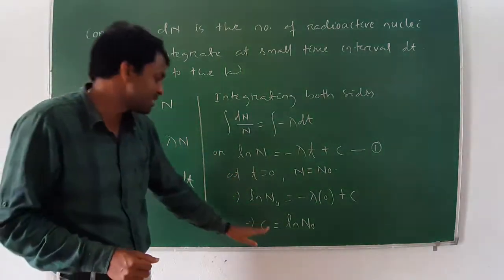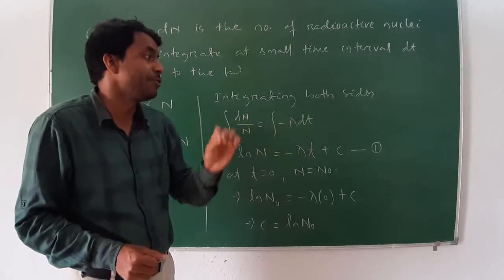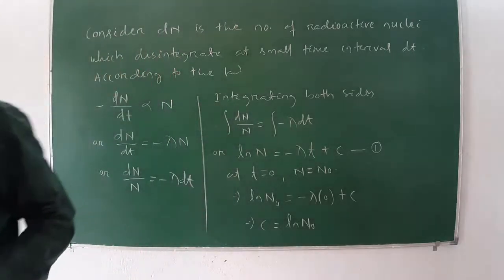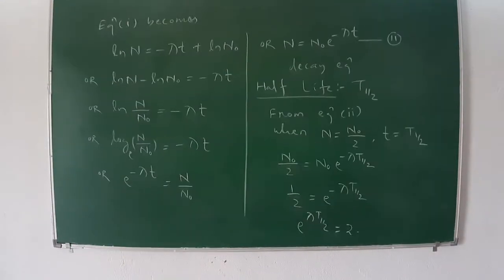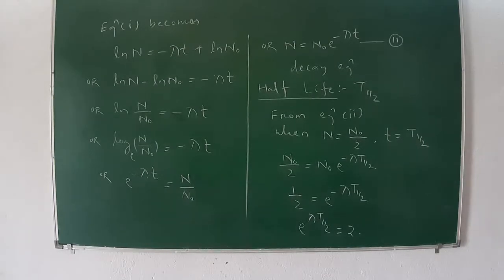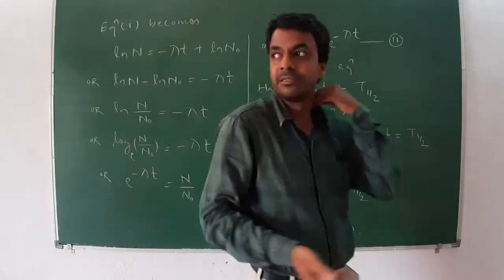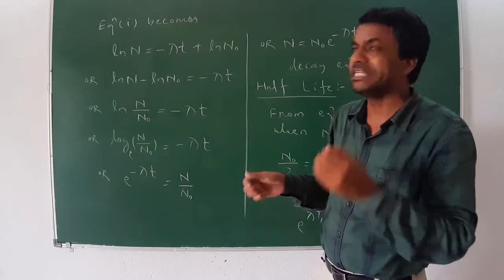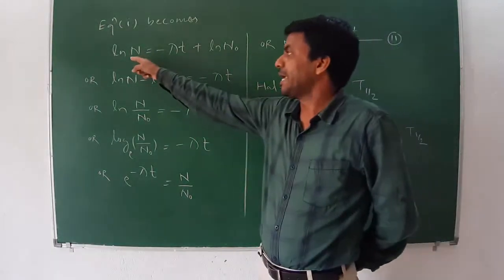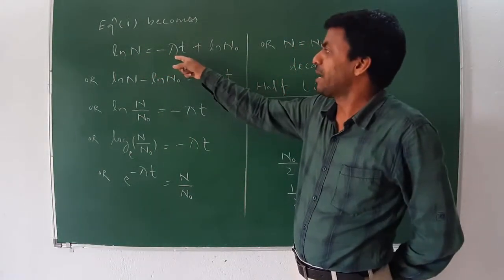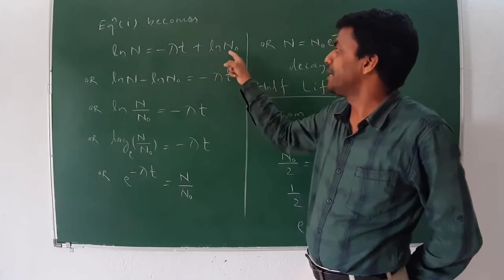This is the value of the integration constant. Now I will put this value in equation 1. Equation 1 becomes ln N is equal to minus lambda t plus ln N naught.